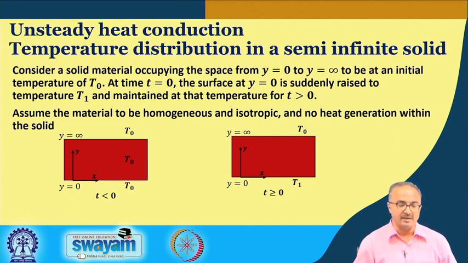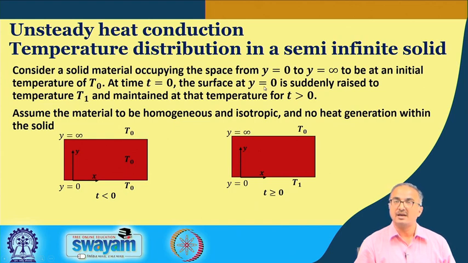In this, we again have a semi-infinite solid material. You can see the solid material occupying the space from y equal to 0 to y equal to infinity. So, instead of the fluid, now we have a solid material, and the initial temperature is taken to be T naught at time t equal to 0.